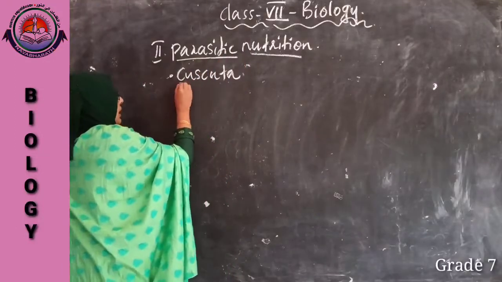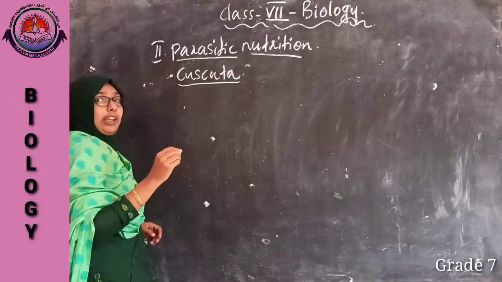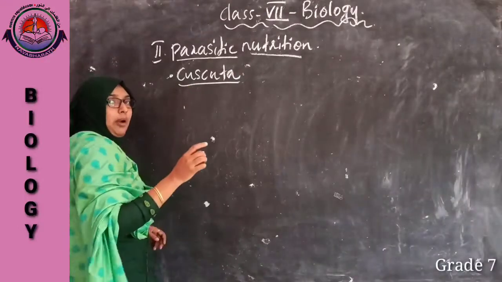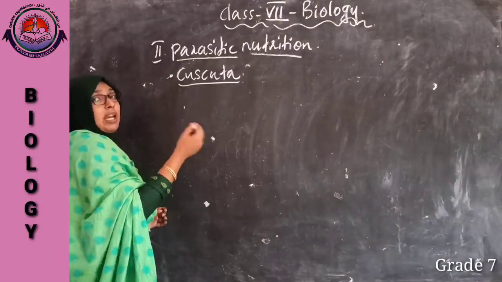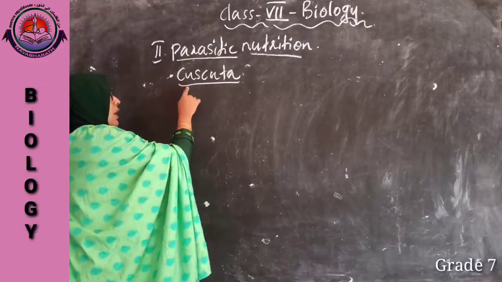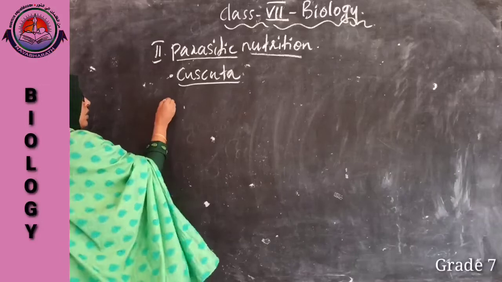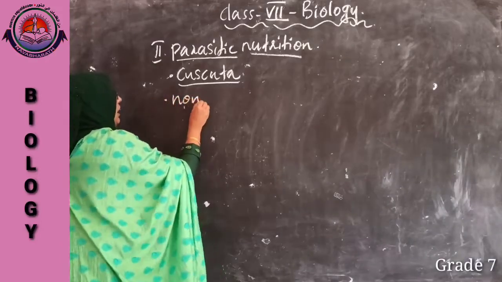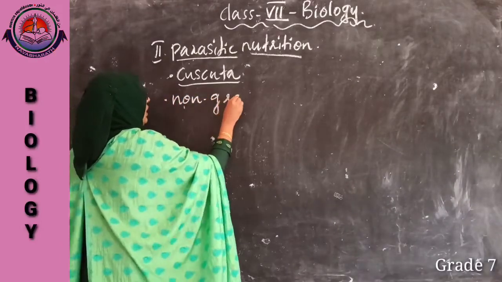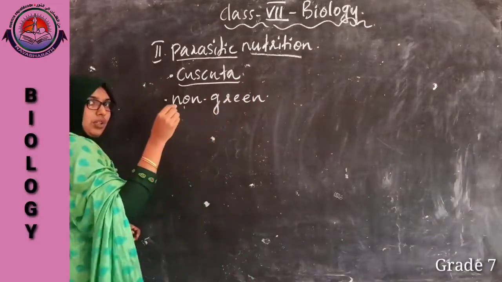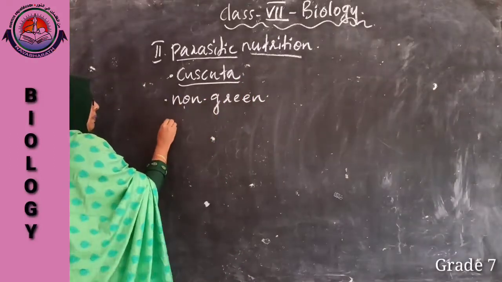The example is Cuscuta. How can we pronounce it? Cuscuta. Okay, so let's have a glance over what Cuscuta is, how Cuscuta looks. So Cuscuta is a non-green plant.